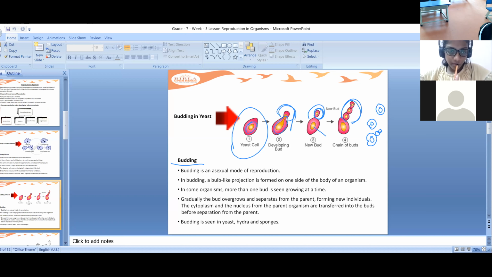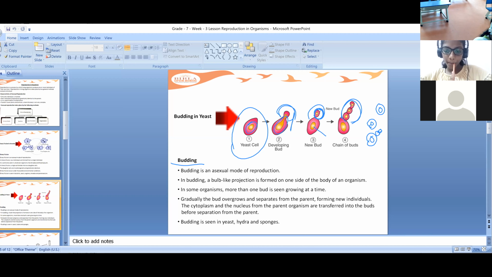The daughter buds which separate from the parent bud also get a nucleus and cytoplasm. So before separation from the parent, the cytoplasm and the nucleus are transferred.